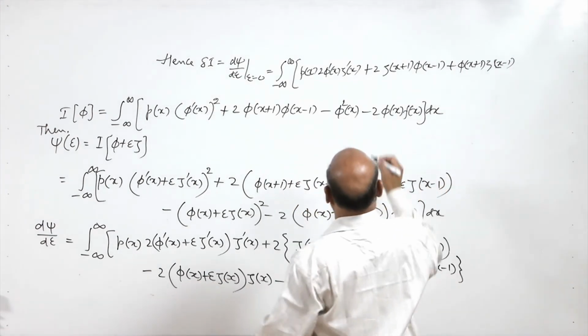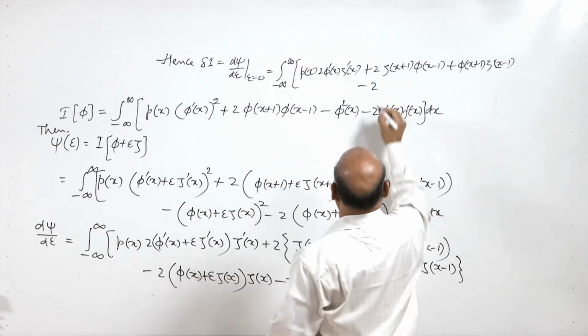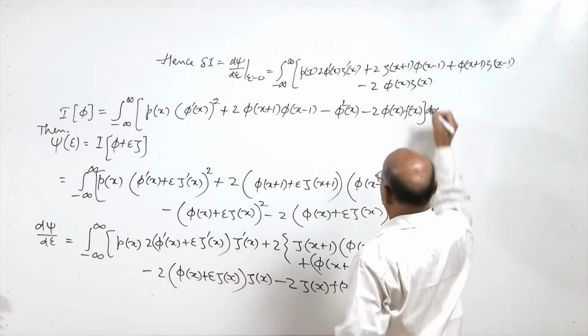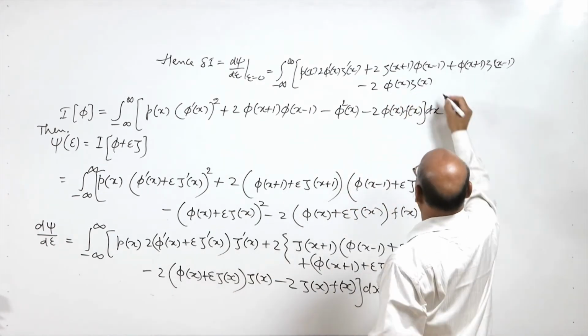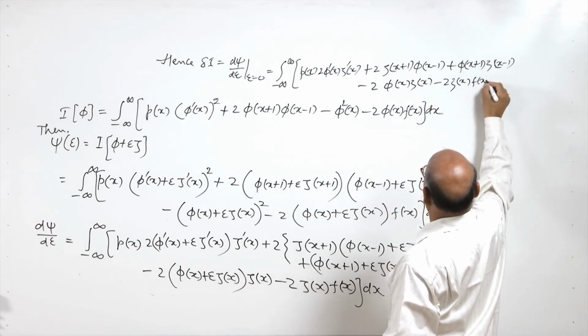Then we have minus 2 times, epsilon equal to 0, so phi x zeta x, and here we get minus 2 zeta x f x dx.